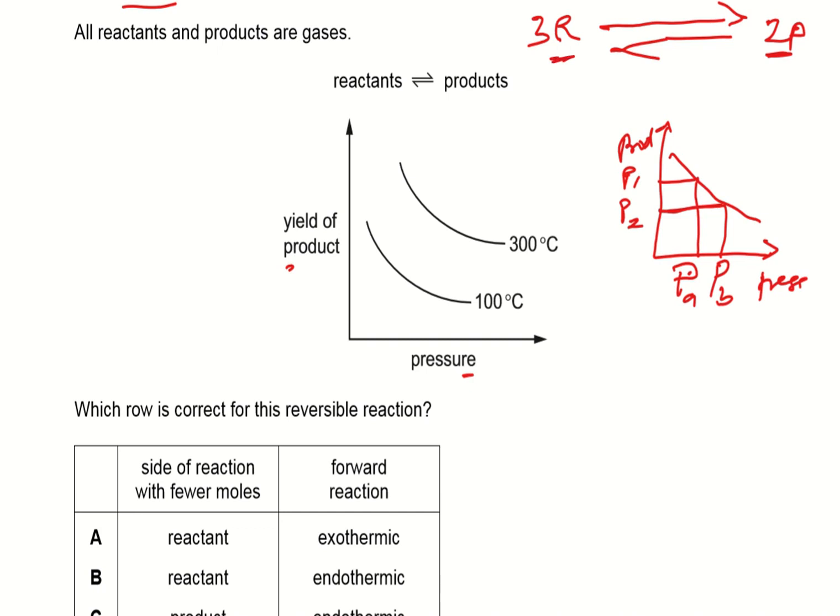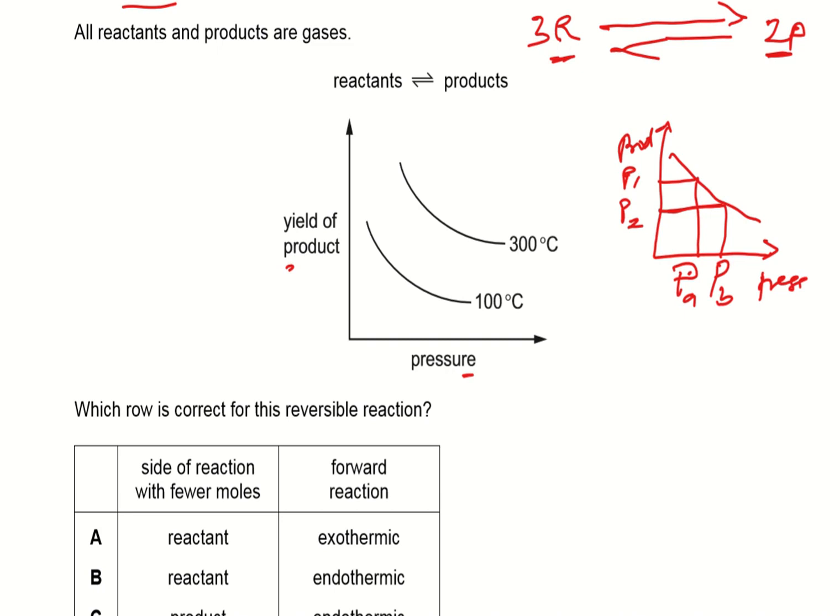I'll take that again. How does pressure affect the position of equilibrium? For a system that is gaseous, where both reactant and product are gaseous, you first need to calculate the amount in moles on the reactant side versus the amount in moles on the product side. As an example, on the reactant side, let's assume I have 3 moles, and on the product side I have 2 moles.